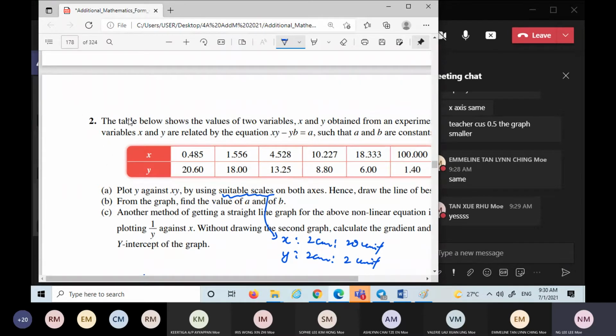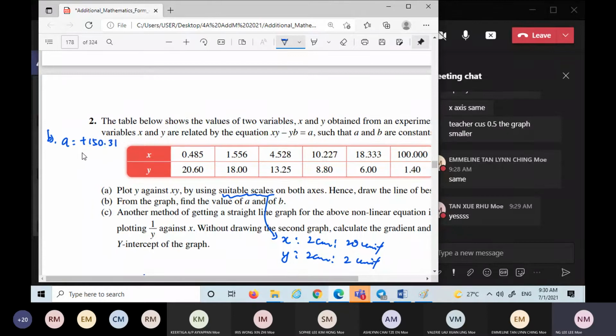Okay, find the value of A and B. For part B, the answer, that one is not negative, definitely. It's positive, 150. Why they give so many decimal places, I also don't know. Okay, 3.1 is enough.